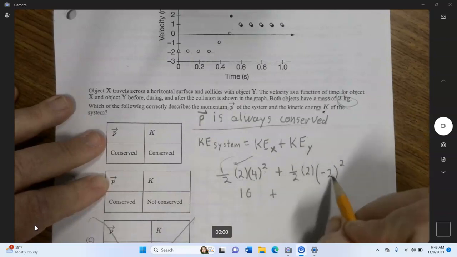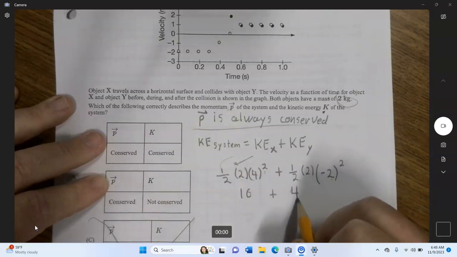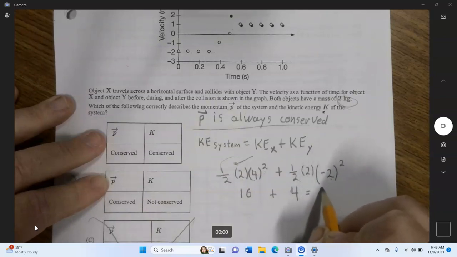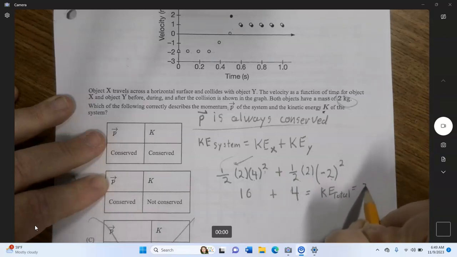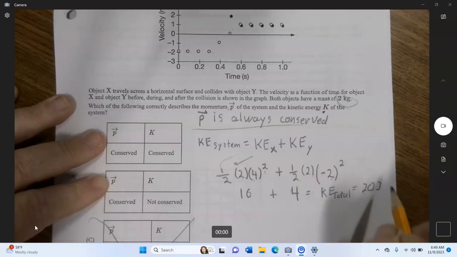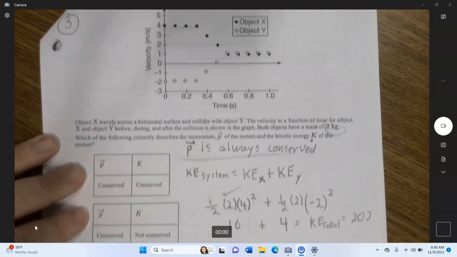Over here, -2 squared is 4, times 2 is 8, half of 8 is back to 4 again. So that means the total KE equals 20 joules. Okay, so now we need to see what the kinetic energy is after they collide.